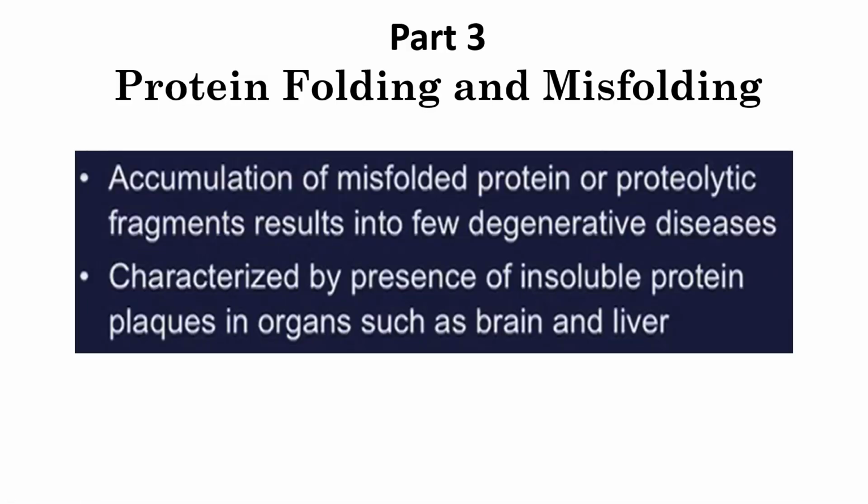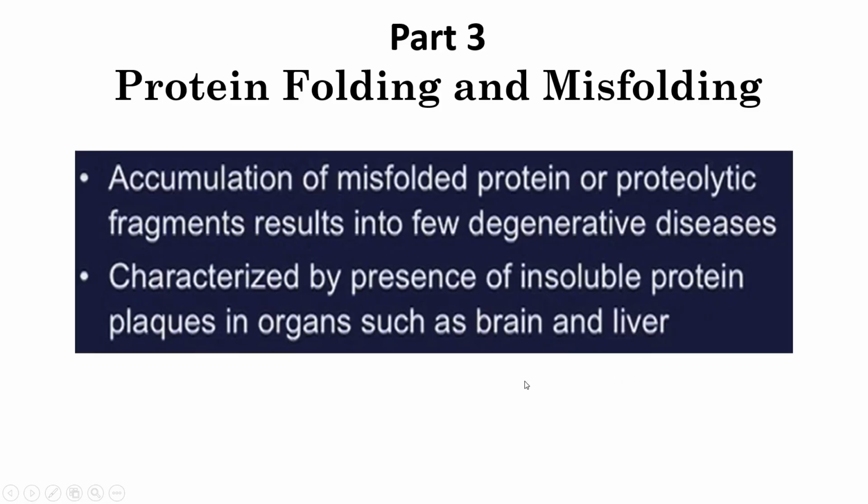Those misfolded proteins will be digested by proteolytic enzymes, and the proteolytic fragments that result can lead to a few degenerative diseases as well. These are characterized by the presence of insoluble proteins or plaques in brain or liver cells.